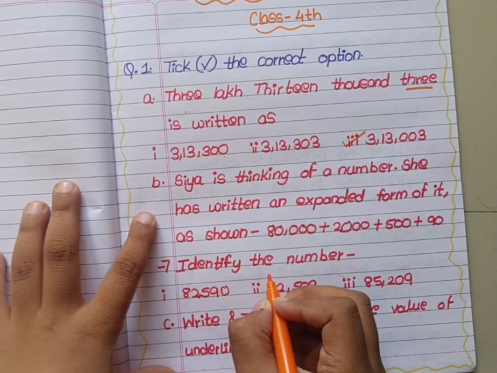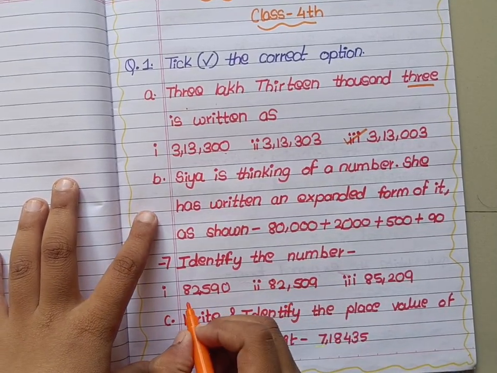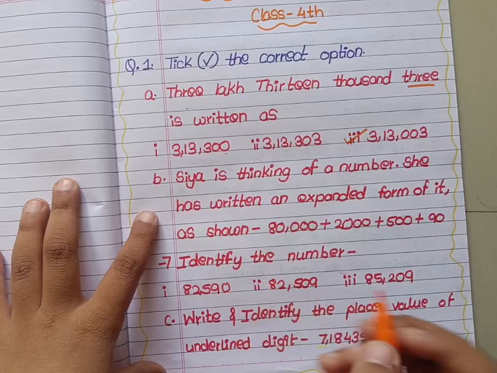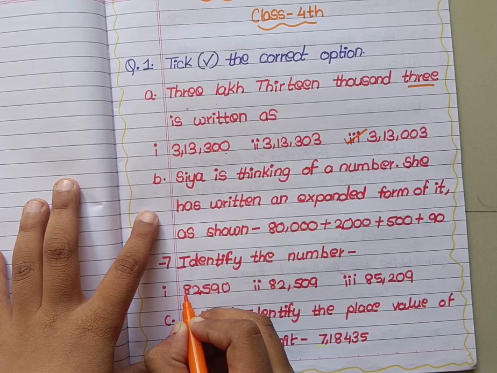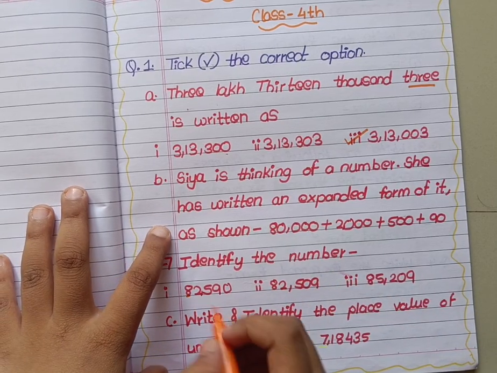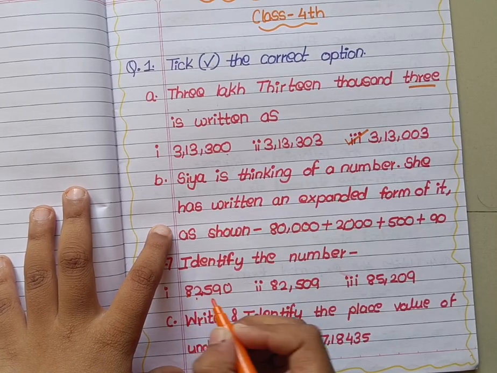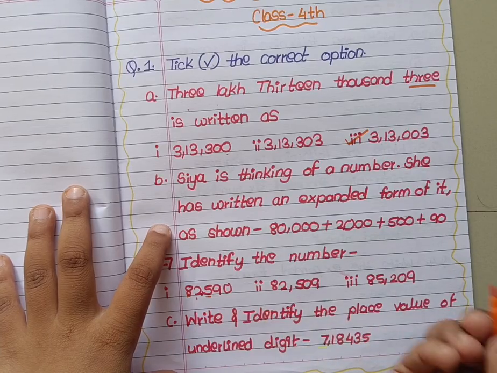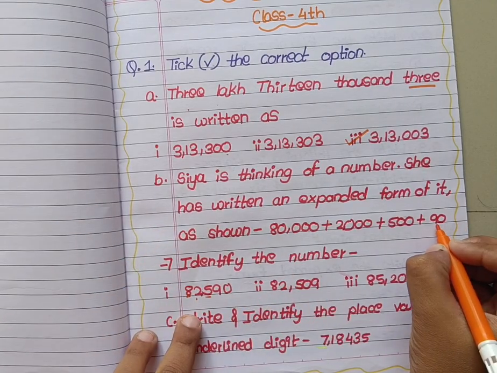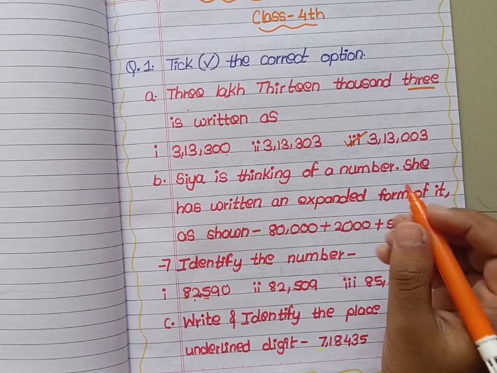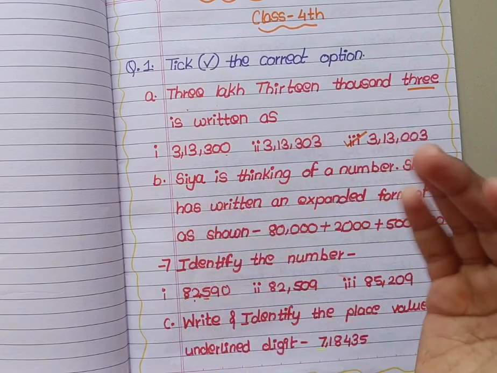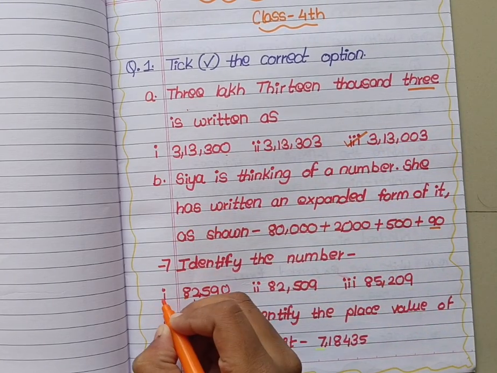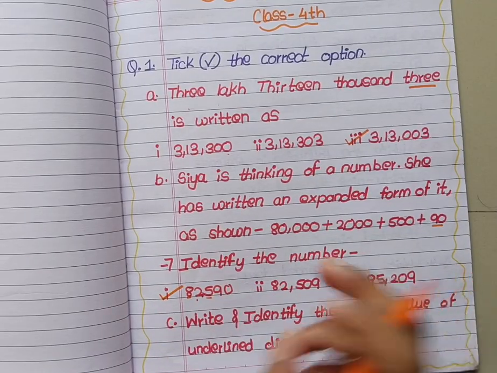Now let's identify the number. 82,590. See here, 80,000 is given. Next, 2,000. Next is 500. And lastly, it's 90, not 9. Most of the time kids get confused. It's 90, so the first will be our correct option.